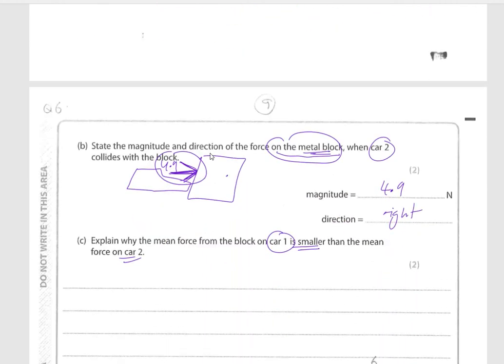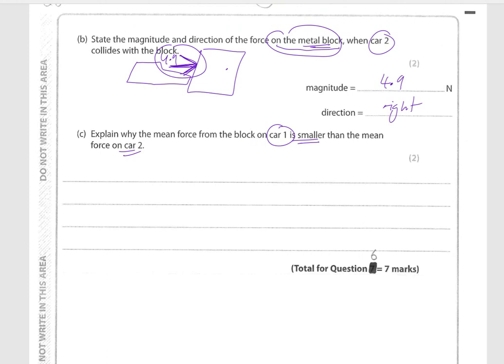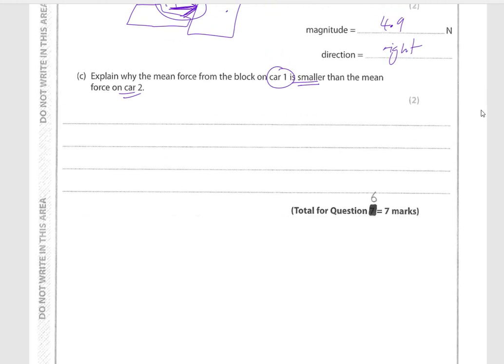So why is the force less in 1 and large in 2? Okay, let's take a look at what happened. Now the crumple zone. Let me just change this for now.